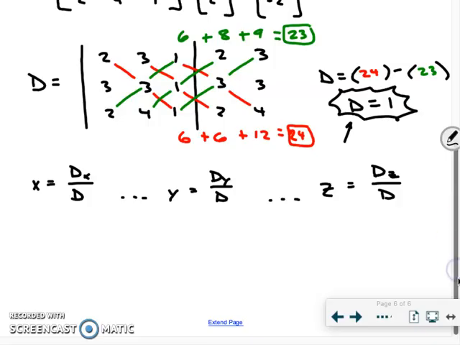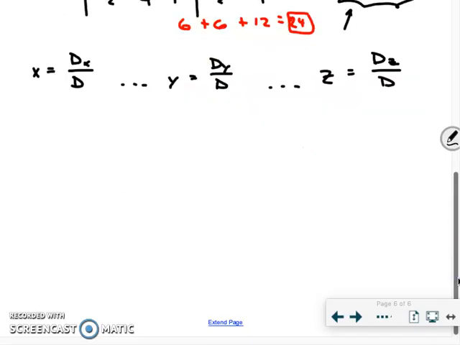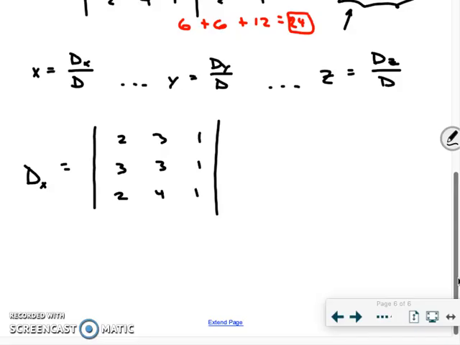So next up for us is to figure out dx. So dx, this is when we take the original coefficient matrix. Just go with me on this for a moment. Of 2, 3, 1, 3, 3, 1, and 2, 4, 1. And if I'm targeting the x, again, this is my x column, this is no longer going to be my x column.